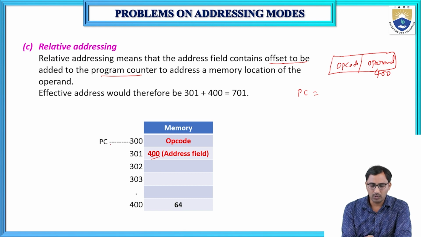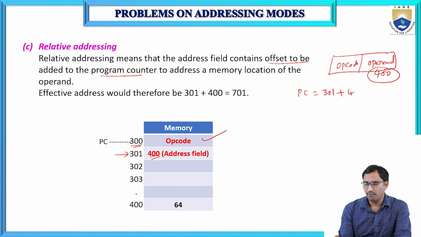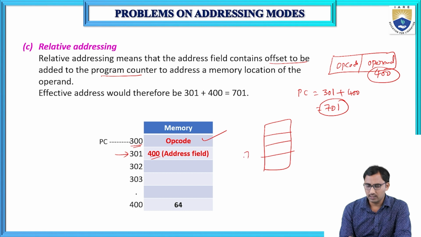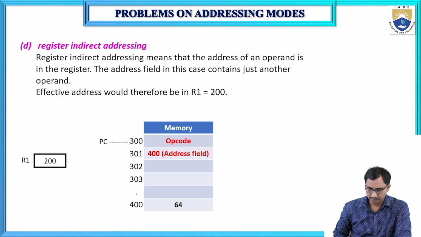Initially the program counter stores 300. After the opcode is fetched from memory, its value is incremented by 1, so it becomes 301. So PC value 301 plus the address field value 400 is 701. So 701 is the effective address, and at 701 we have the operand. That is relative addressing mode.